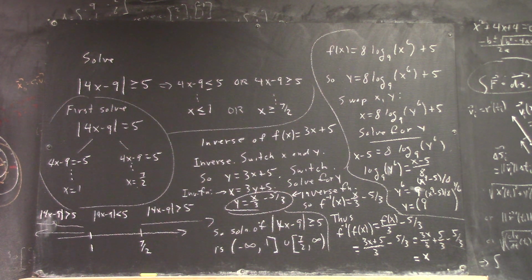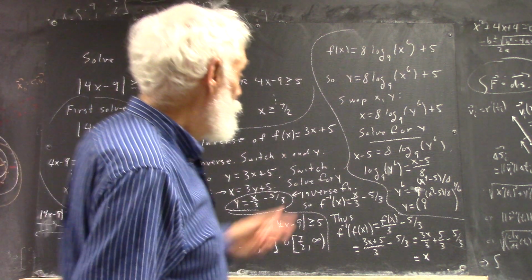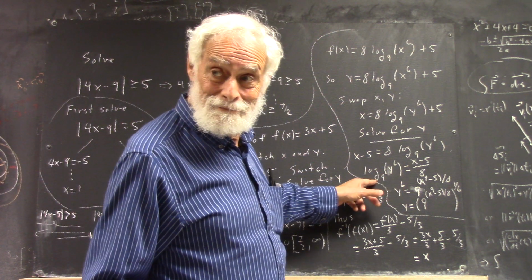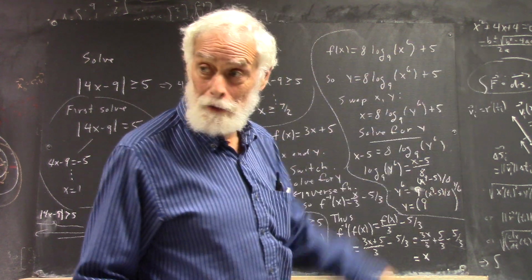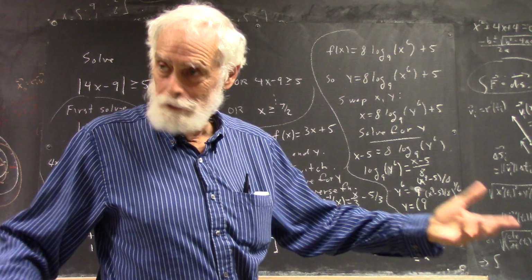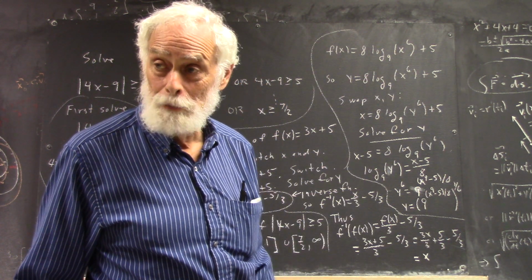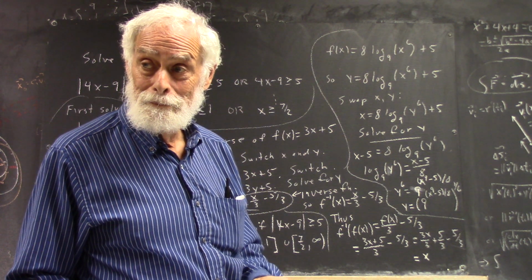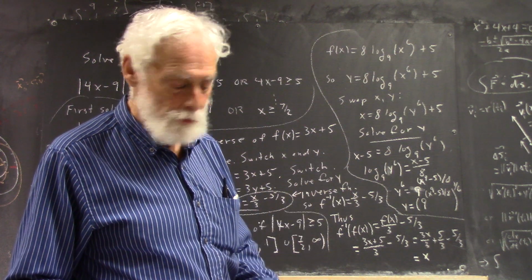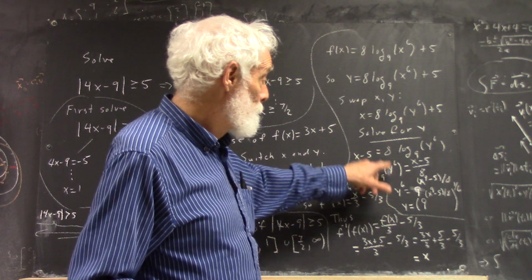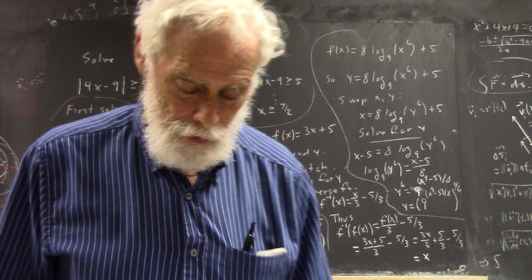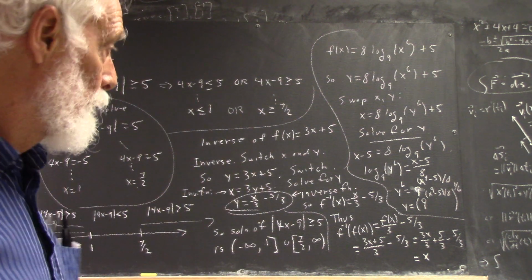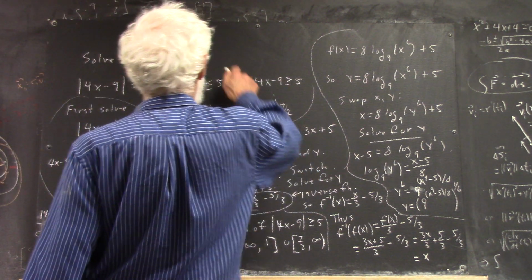Where'd the 9 come from on that? Log base b, you get b to the power, right? It's your rule for changing log to exponential form. Okay? So you want to review that, but that should be pretty obvious. So think about it. You know, that comes from a log base.